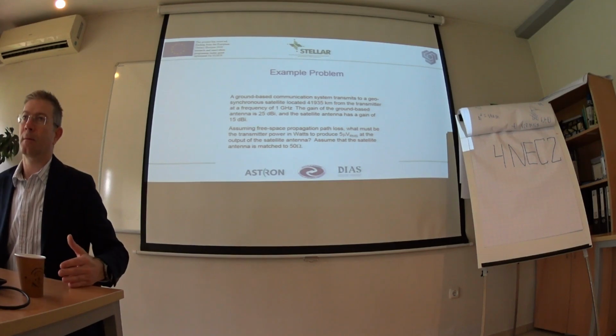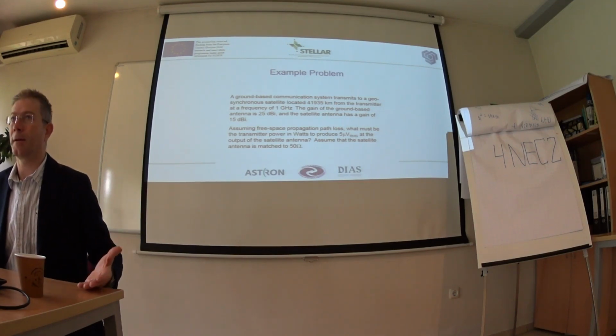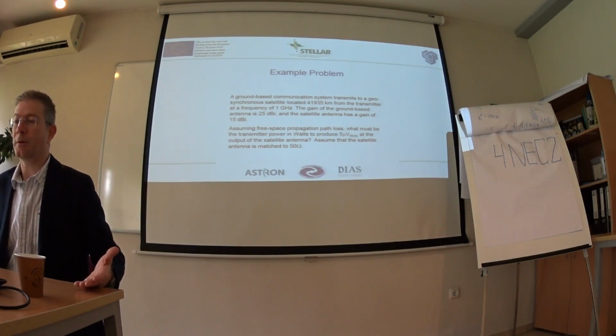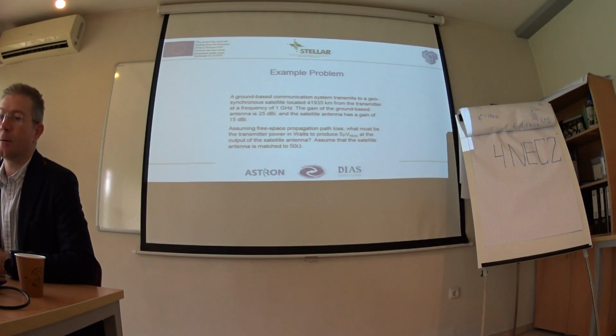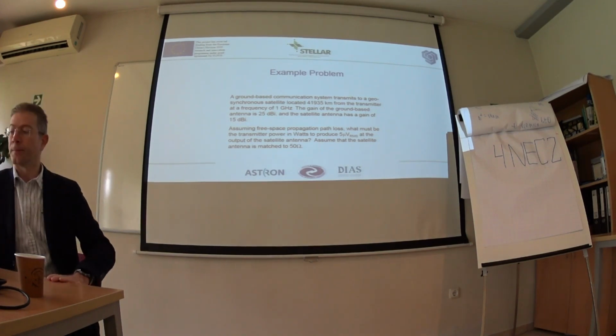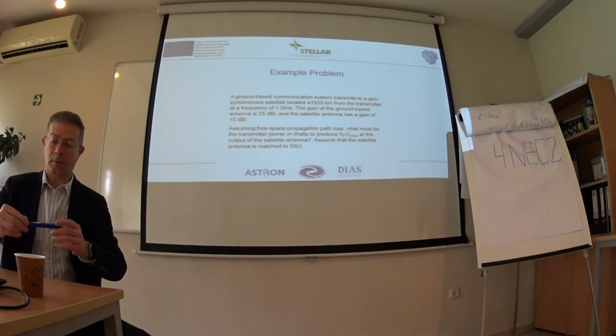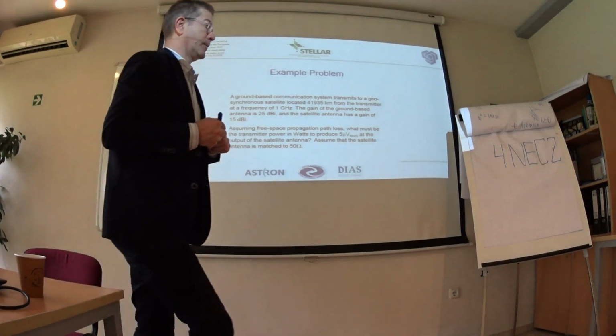And let's assume 1 gigahertz of the transmission frequency. The gain of the ground-based antenna is 25 dBi, and the satellite has a smaller antenna with a gain of 15 dBi. So the setup will look something like that.